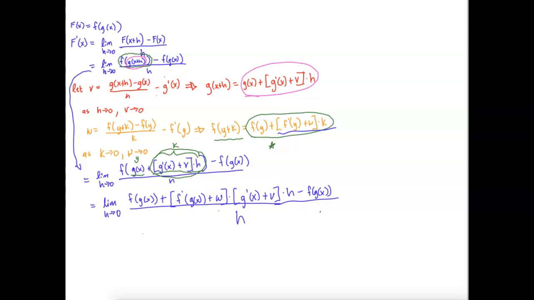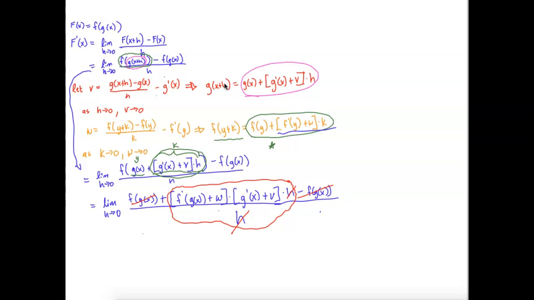So notice that I have a positive f of g of x here and a negative f of g of x on this side, right? There we go. Okay, so then all I have left is one term, all being multiplied together over h. Well, if you have h over h, we can divide out the h's, right?